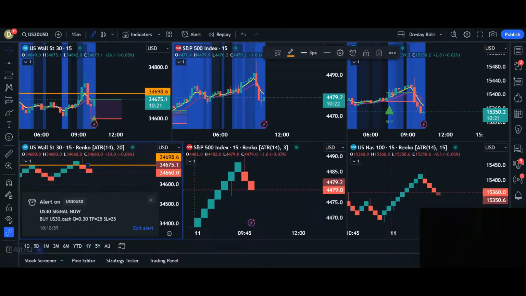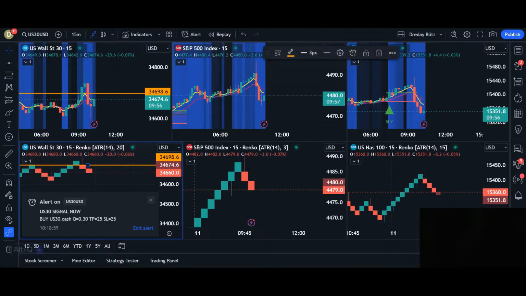Now on US 30, it's giving us a buy signal, but right now the Renko is still showing us a bearish movement. As long as the Renko is not reversing, I'm not taking the trade. We'll see how it goes.